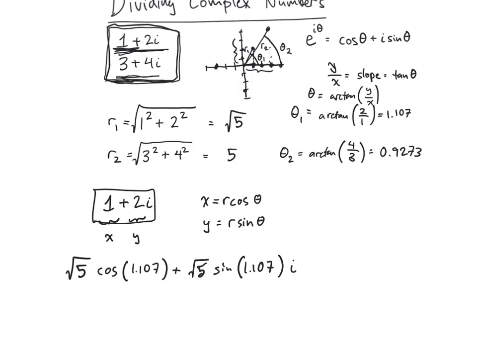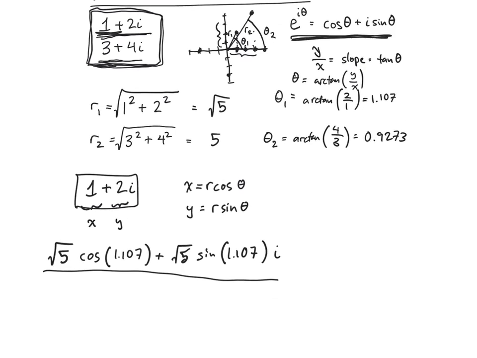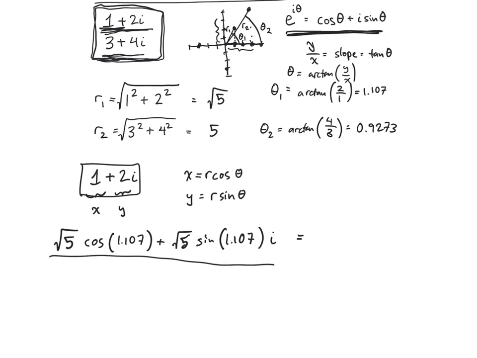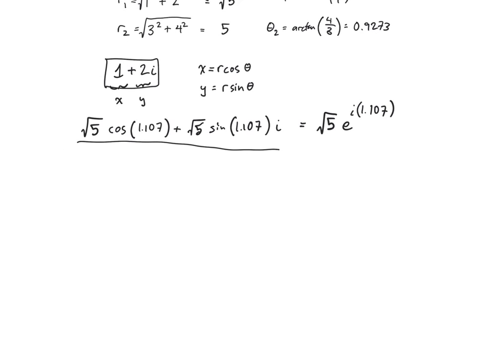And now I can use the Euler relation right up there to convert this into a notation that just uses e. So it's going to equal the square root of 5, because I can pull that out, e to the power of i times 1.107, like so.